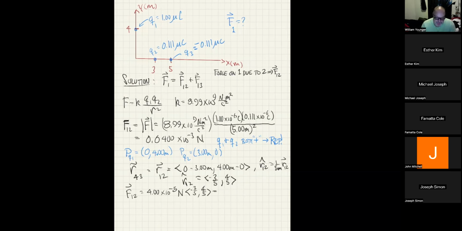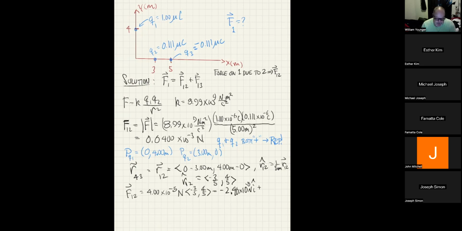So when I multiply 3/5 times 4, 4/5 is 0.8, and then 0.8 times 3 should be 2.4. So this is going to be negative 2.40 times 10 to the negative 5th newtons I hat, plus, now we're going to get the 5 again, dividing by 5, sorry about that.